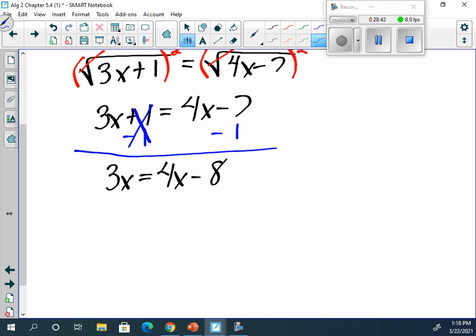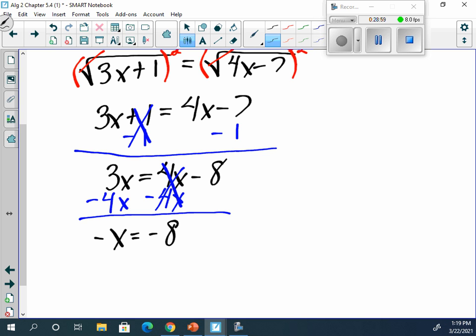Then what can we do next? We can subtract 4x from both sides, yes, because our 4x minus 4x would give us 0. And 3x minus 4x would be negative x is equal to negative 8.